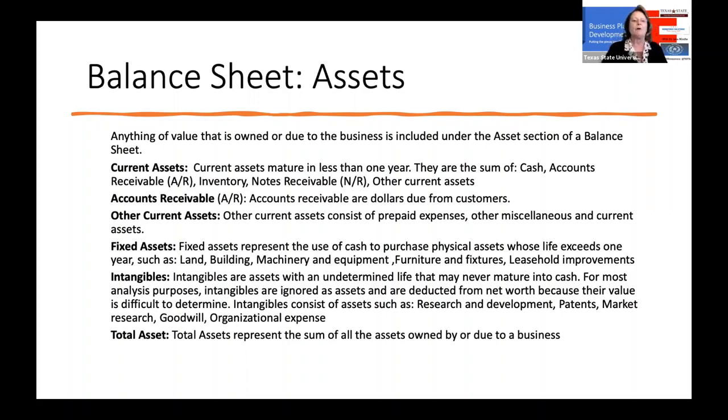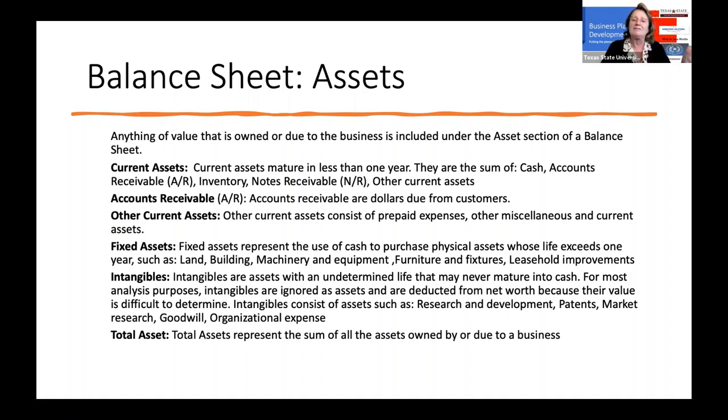Accounts receivable are any sales that we've made, but we have not yet received the cash for. And it is an asset only as long as we think that we can turn that into cash. At any point that our customer fails to pay that account, it becomes a bad debt and is no longer an asset, and we need to remove it from our assets, because assets are things that add value to our business.